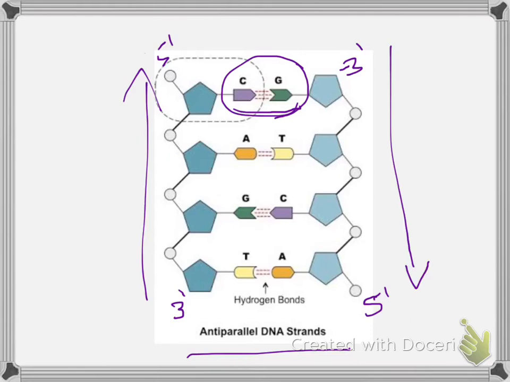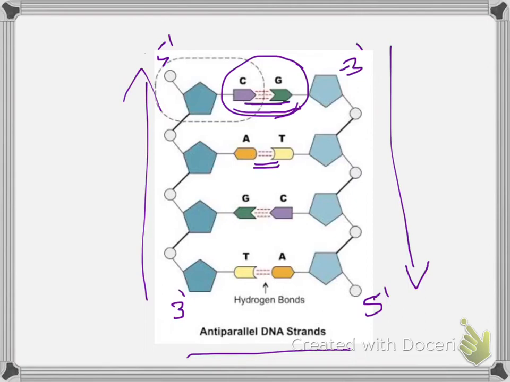Cytosine always pairs with guanine and adenine always pairs with thymine. Adenine pairs with thymine with 2 hydrogen bonds. Similarly, cytosine pairs with guanine with 3 hydrogen bonds.